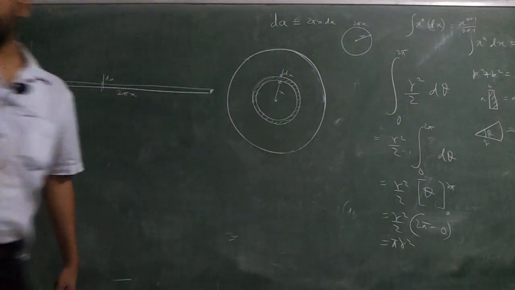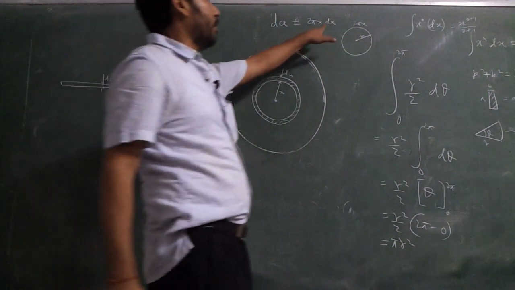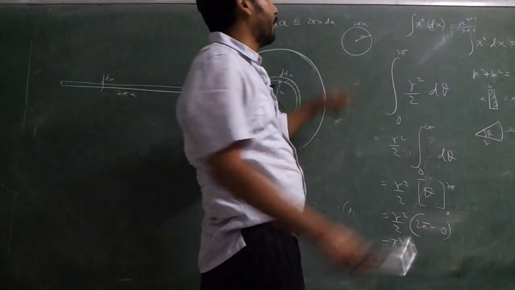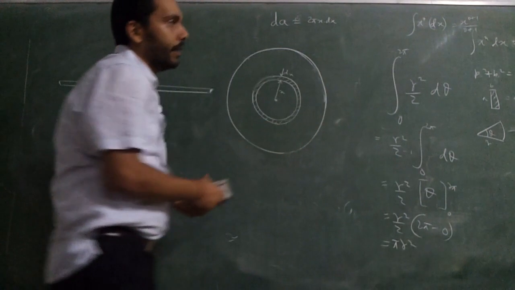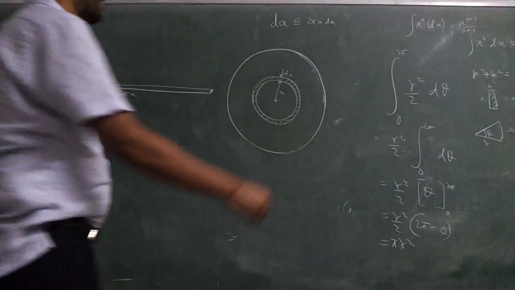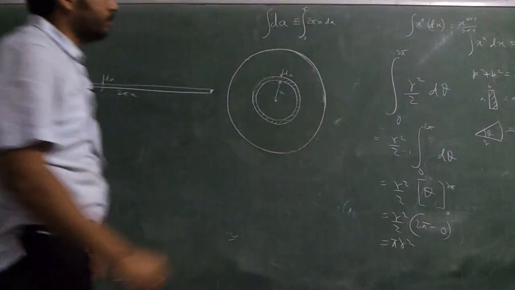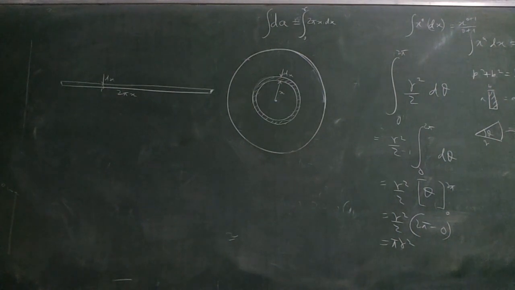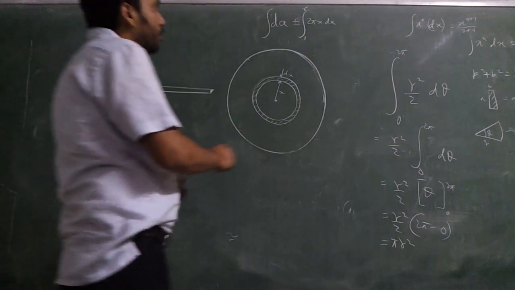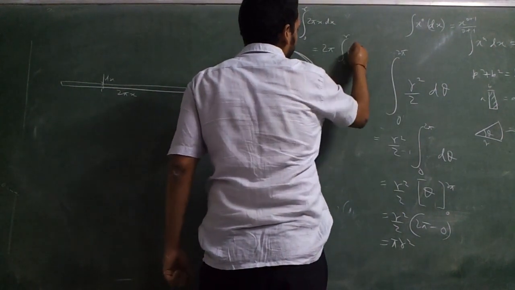Next, what is your job? Integrate. From where? Whatever is your this thing, x is going from where to where? 0 to r. Integrate it. And whatever is constant in the integration, take it outside. So integrate both sides, 0 to r. 2 pi is constant, goes outside, 0 to r, x dot dx.